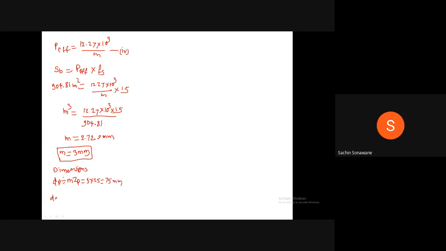Then dg is m into zg, 3 into 72, which is equal to 216 mm. And lastly, you have to calculate face width, 10 times module, which is 10 into 3 is equal to 30 mm.